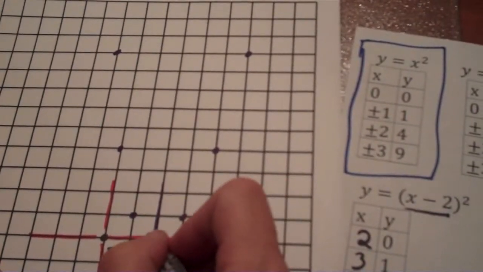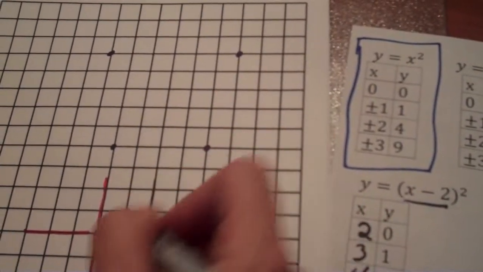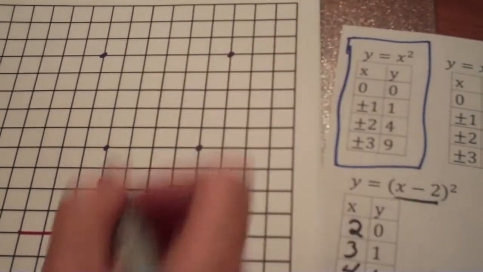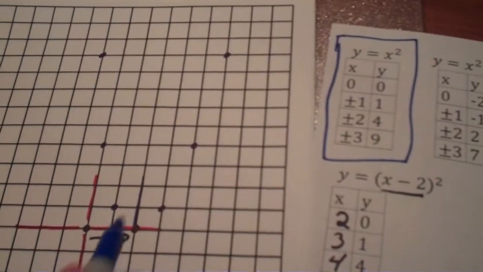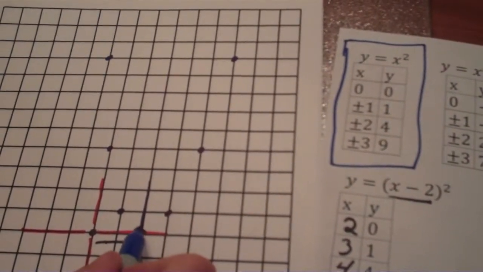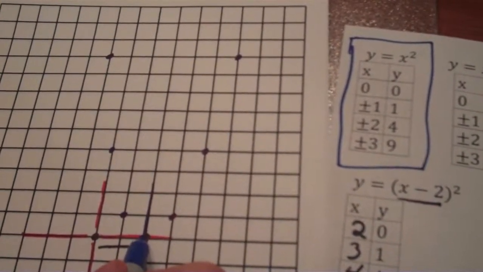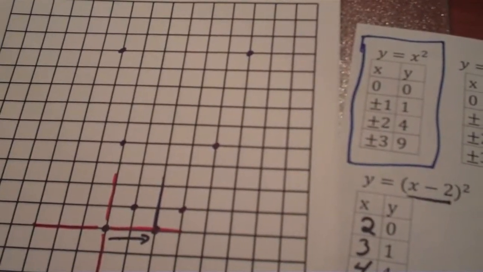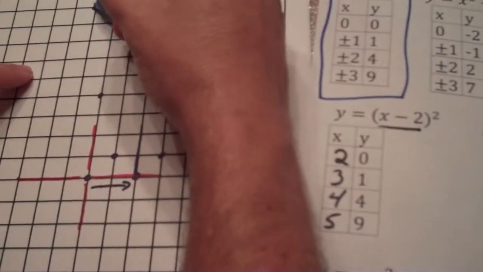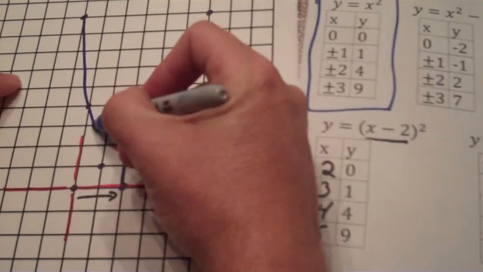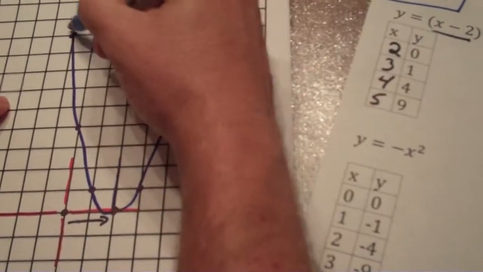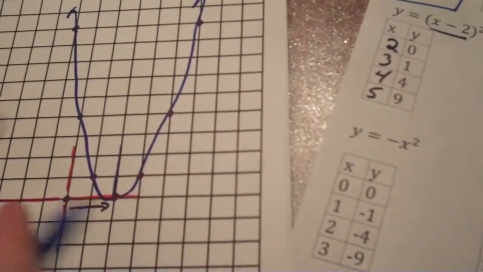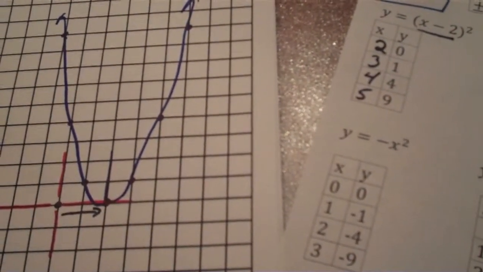But the same pattern of 1, 1, 2, 4, 3, 9, and the reverse on the negative side, still exists. So the key is just to find out where the vertex is, and then everything else is the same from that. So my graph in this case would look like the same old parabola I've had before, but now it's shifted to the right 2 places.